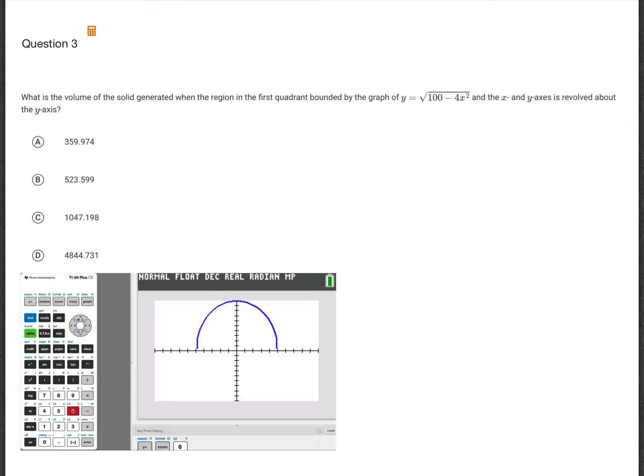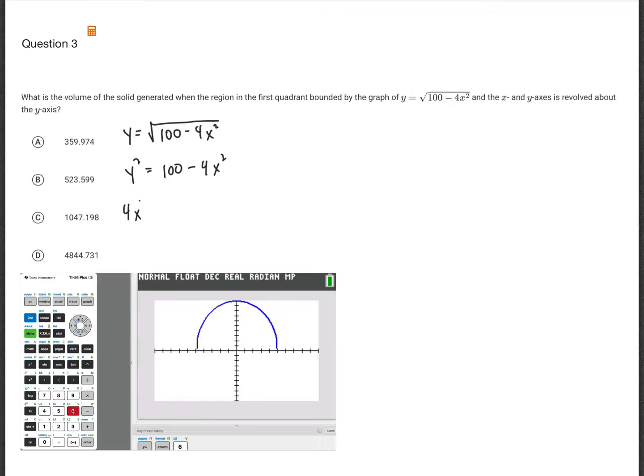Okay, so let's do that first maybe. So we've got this function. We can square both sides, that gets rid of the square root on the right. Then we switch things around a little bit.